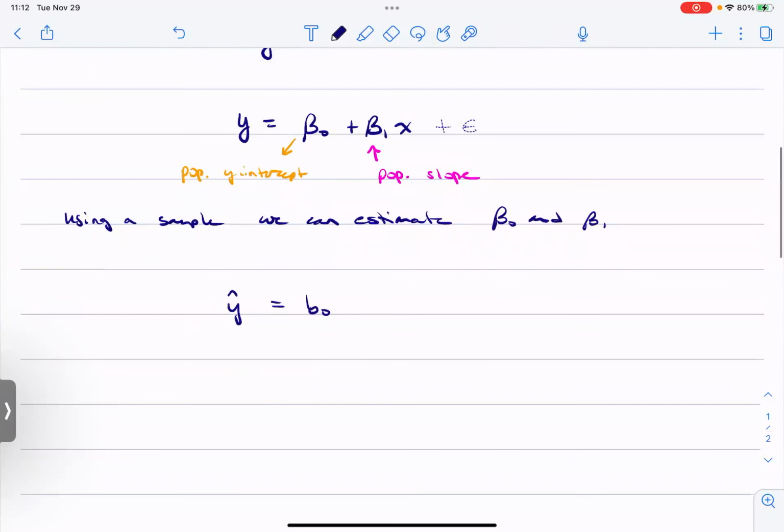To estimate beta naught, we use a B naught.